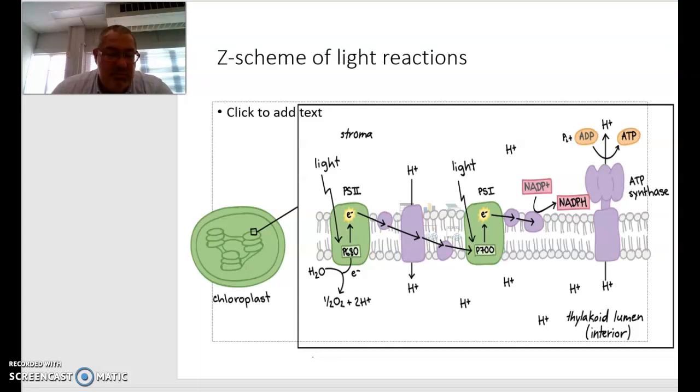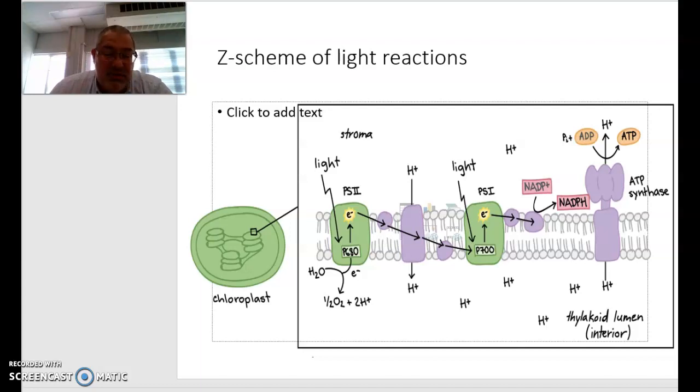Photosystem 2 absorbs light the best when it has a wavelength of 680 nanometers. That's kind of in the orange-red range. Photosystem 1, you might see within that green square that it has P700. So light energy that it absorbs is best when it has a wavelength of 700 nanometers.